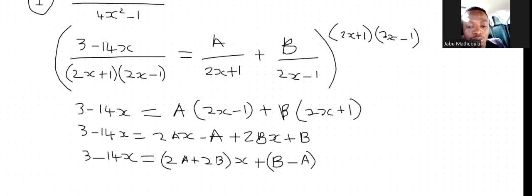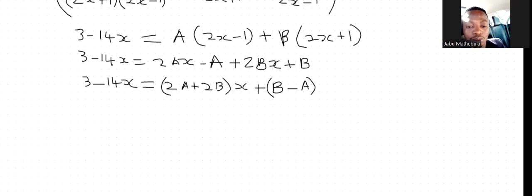Now, we are going to equate them according to the groups. So the minus 14x will equate with the 2a plus 2bx.